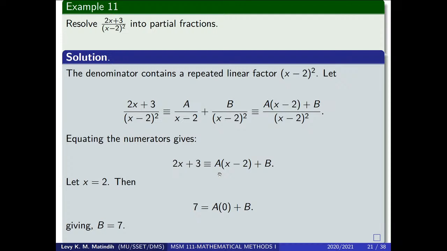Now, to solve for b, I can make a vanish. Making a vanish means where there is x, I substitute a 2. When I make x equal to 2, then I'll have 7, because 2 times 2 is 4 plus 3 is 7. Then 2 minus 2 is 0, 0 times a plus b. This will give me b equal to 7.